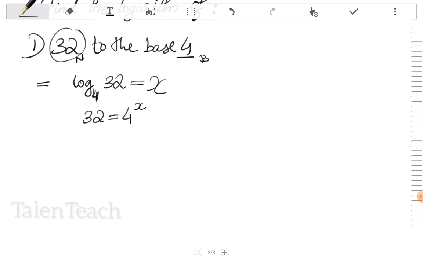Here 32 we cannot express in terms of 4, so we can write the bases in terms of 2.